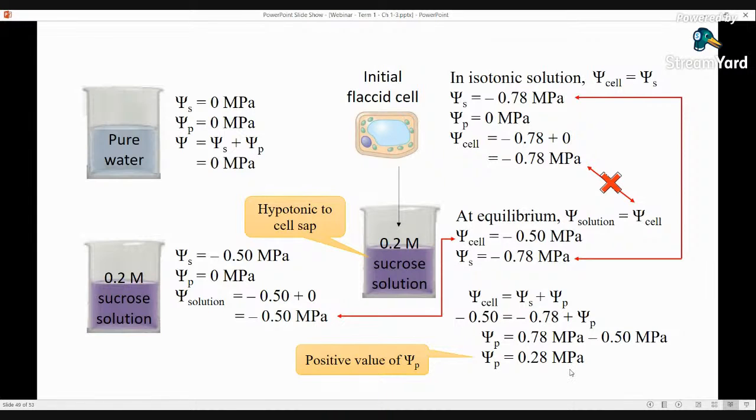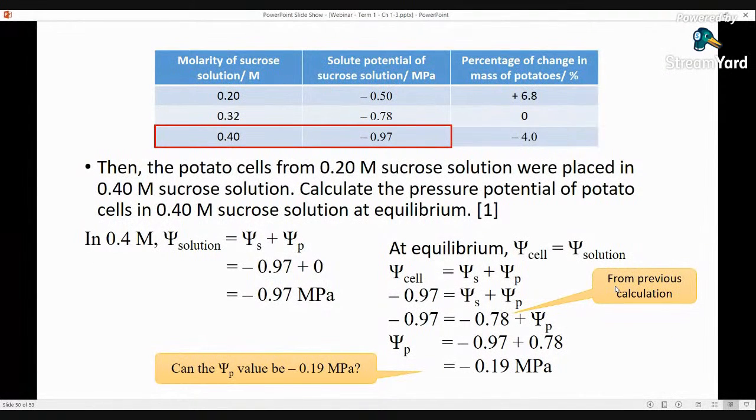This is how we get the answer. So remember, at equilibrium, the water potential of the solution is equal to the water potential of the cell at that equilibrium, not this equilibrium, not this equilibrium, it's this equilibrium. Since you understand this concept, we can move to the next part.